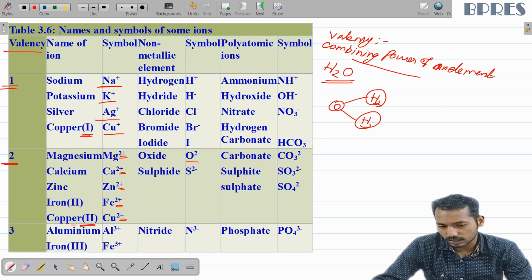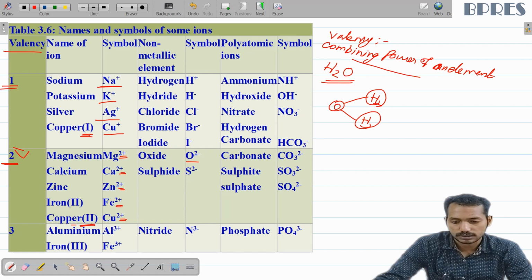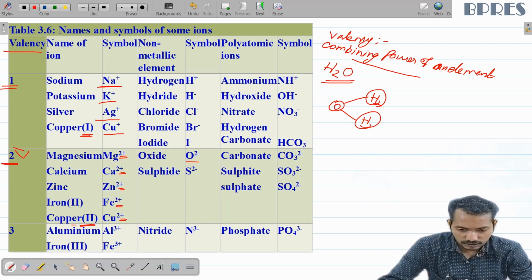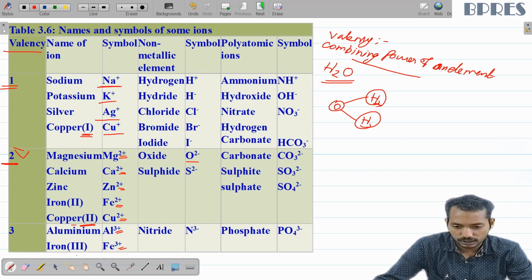Cu2+. See here, all are 2 positive charges because its valency is 2. In case of the elements with valency 3, Al3+ and Fe3+, iron 3, because here iron possesses 2 positive charge, here iron possesses 3 positive charge.